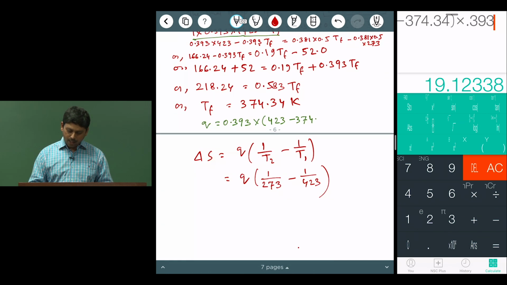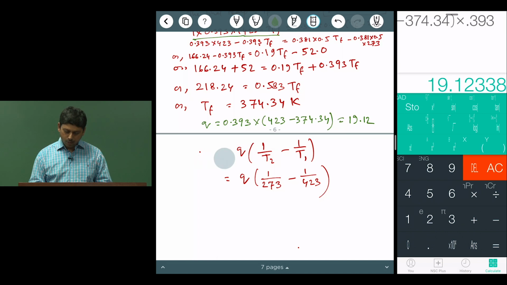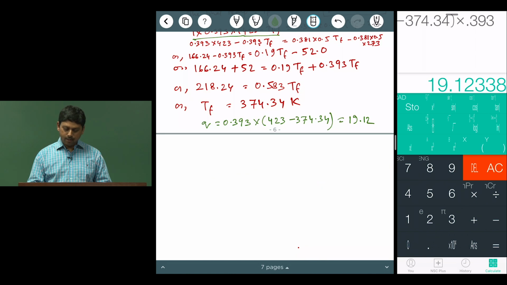So, in order to account for that, we have to integrate the system from initial temperature to final temperature.